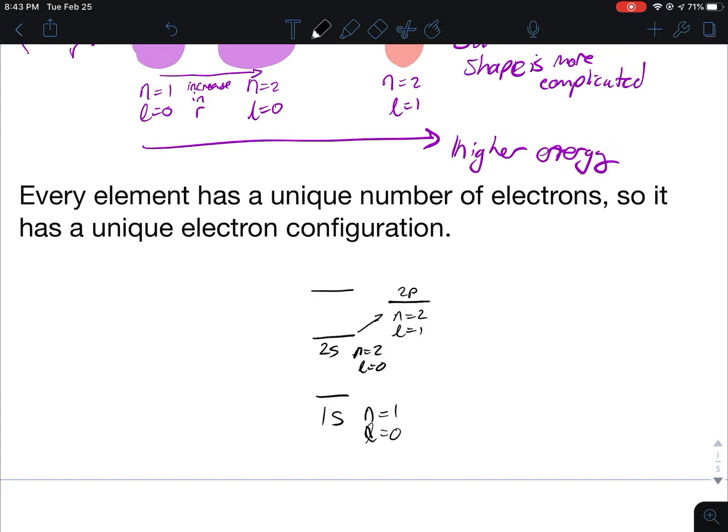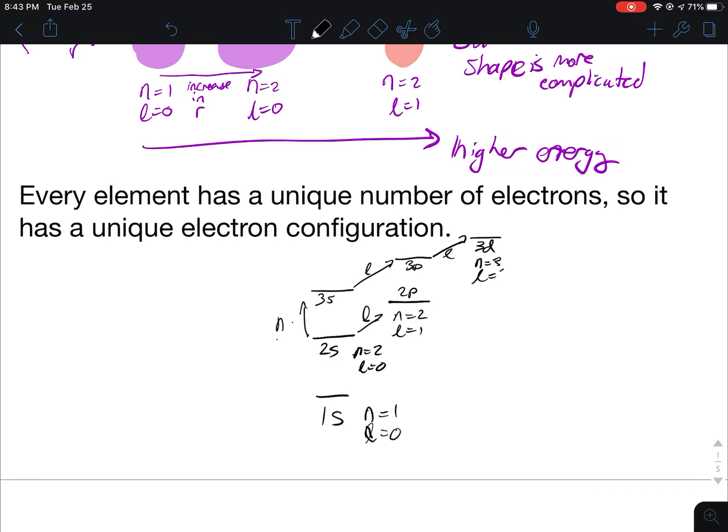From here, you can also see an increase if you go this way. This is the increase from n, this is n's effect, and this is l. So over here we have our 3s, and then we're going to have an l effect this way to a 3p, and then another l effect to the 3d, right?